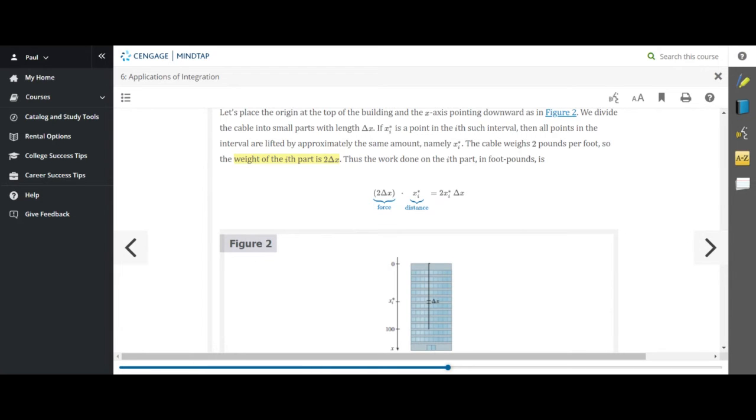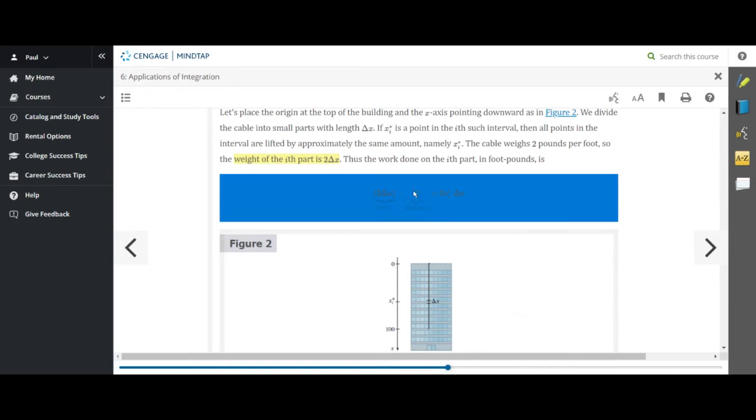But the work to bring that piece of cable up to the top is going to equal 2 times delta x pounds times the distance of xi feet.